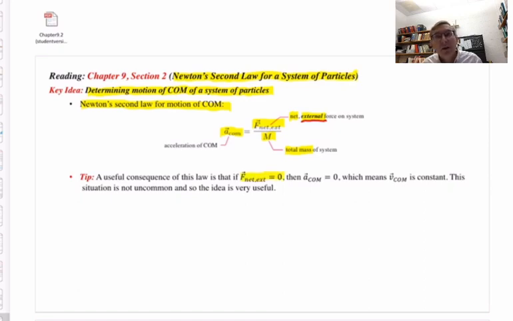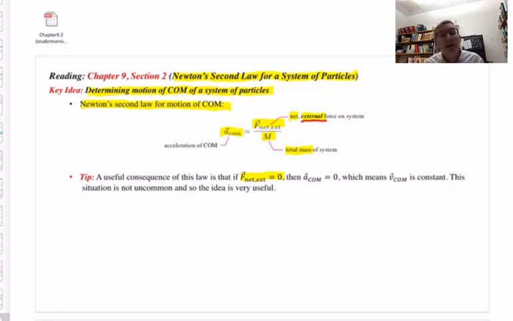That might be because there are no external forces whatsoever. That would probably be more likely if the system were out in deep space, far away from anything. Or because there are multiple external forces, but the net of them, the vector sum of them, is zero. The external forces balance each other out. That's more likely to happen here on Earth, but it can happen.